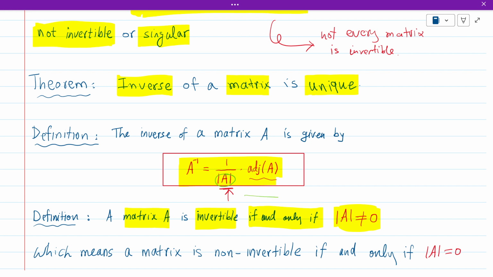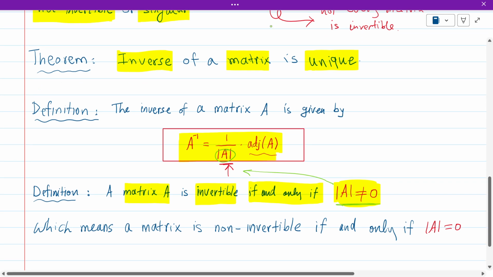Because if the determinant is 0, then you will have 0 in the denominator, and that's undefined. So the only way you can find the inverse is if the determinant is not 0.